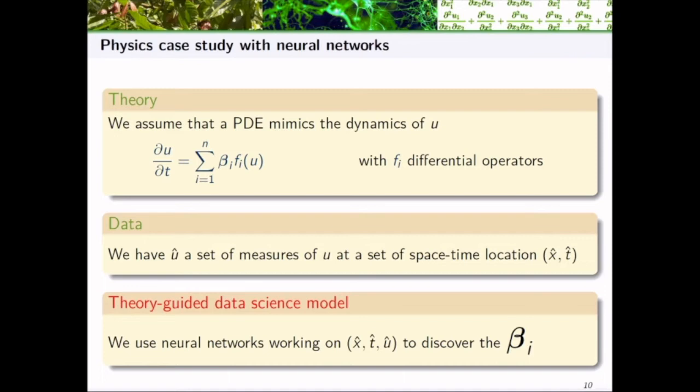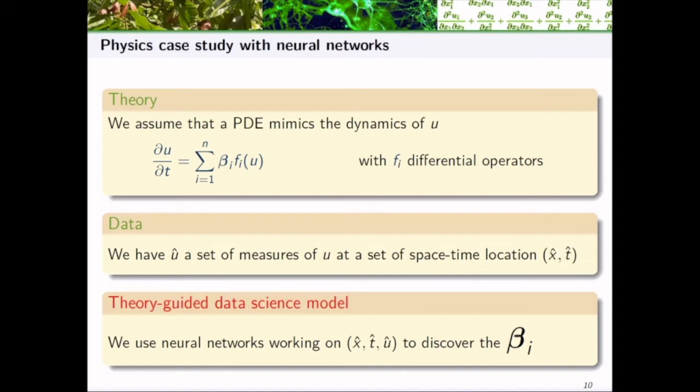Based on the theory, one can assume that the dynamics can be simulated thanks to a PDE satisfied by U, the unknown, like in the equation shown on the top of the slide. At the same time, through a data modeling process, we can measure values of U at some space and time points, which gives us a set of data that we call U hat.